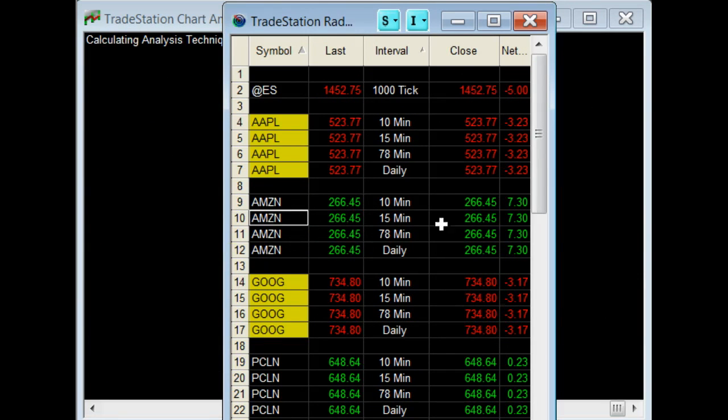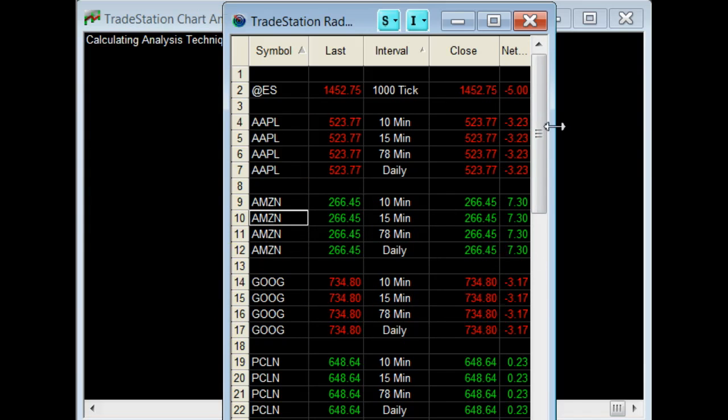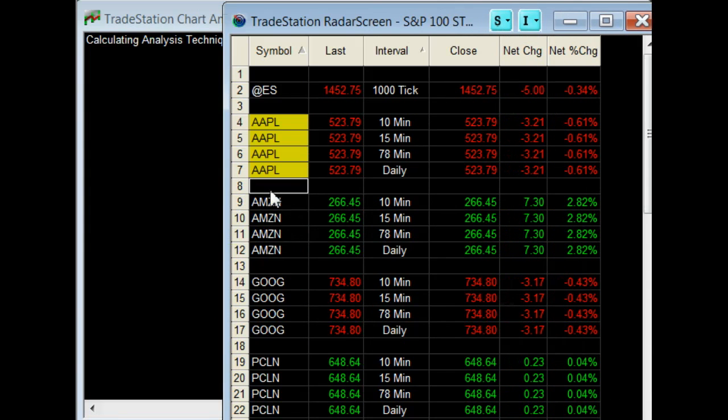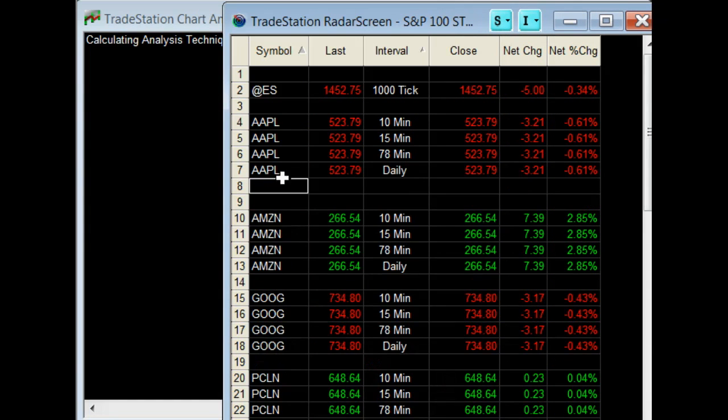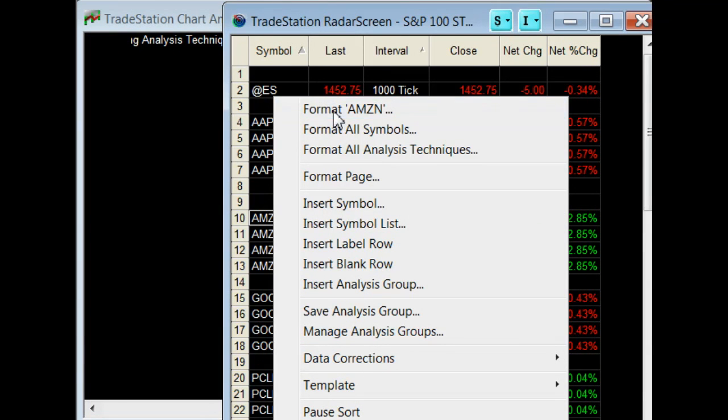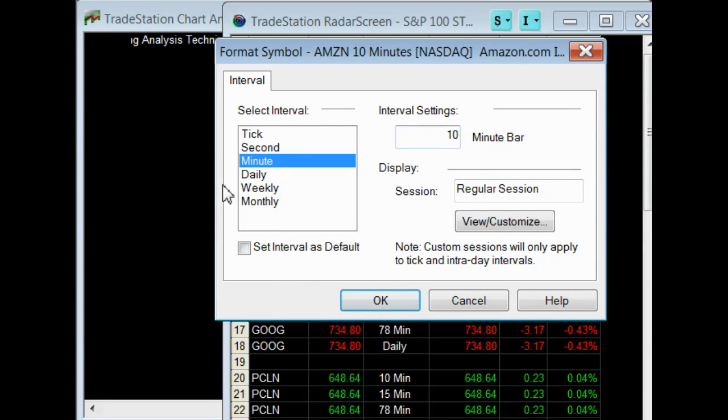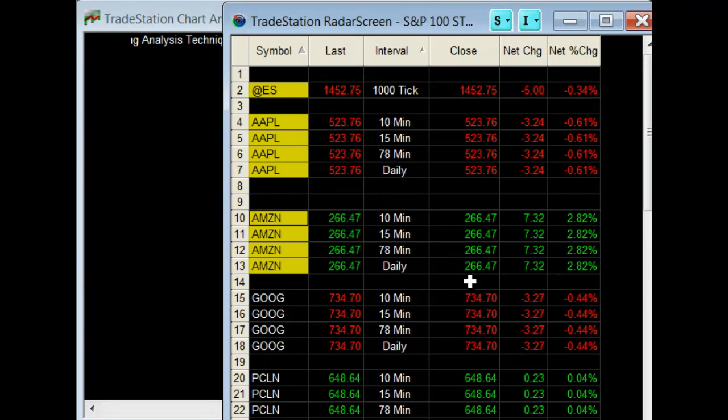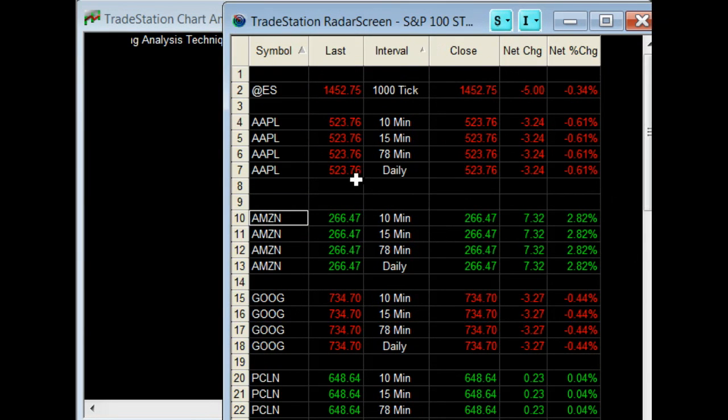So people asked, what's the easiest way to configure your radar screen? In this particular case, I can go in there, insert a blank row, and type in the symbol name. I can right-click over it and format Amazon itself. I can pick the time frame, daily, weekly, monthly, whatever it's going to be. If I then want to configure my alerts, I can go to whatever alert I insert.